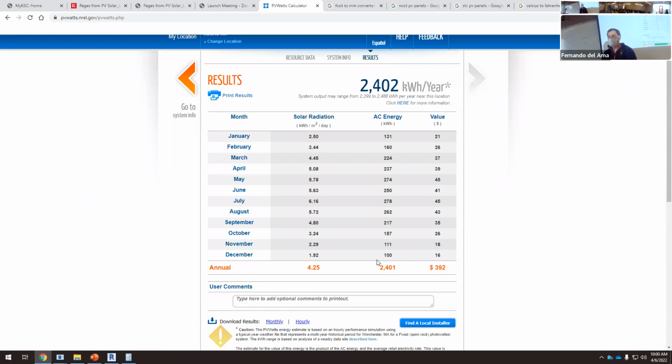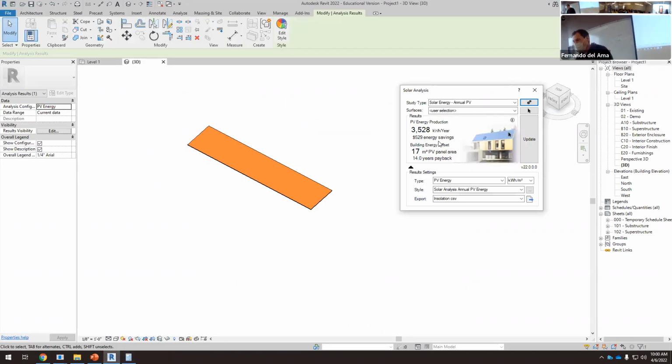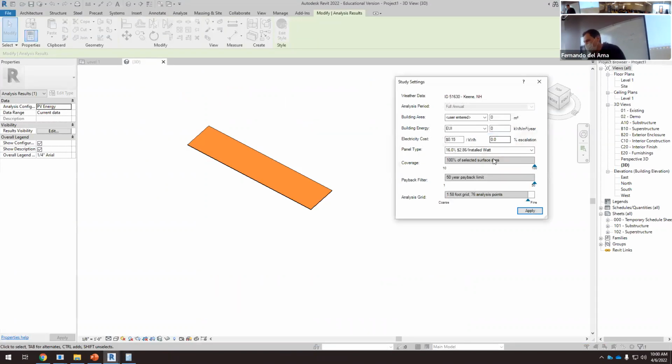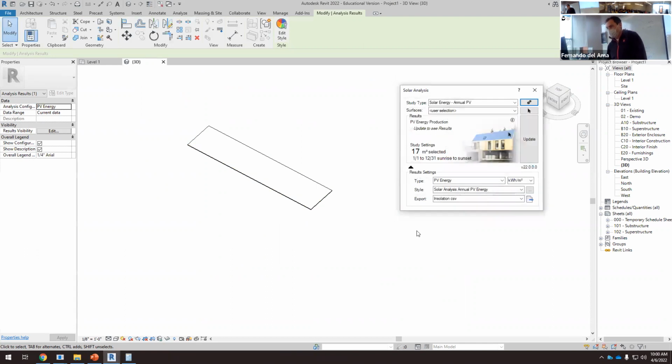But we don't know because Revit doesn't give us any information about this. The only thing we can do in Revit is increase or decrease the efficiency, but that was the lowest, okay?